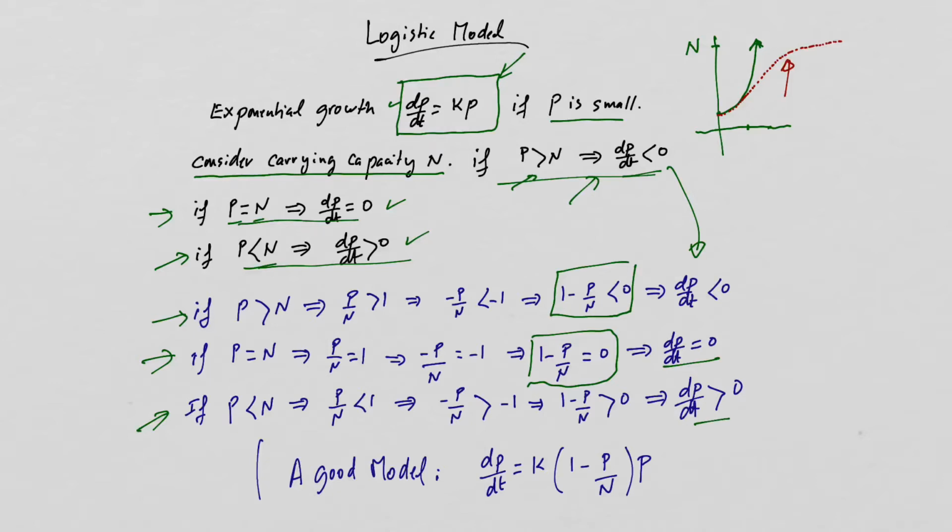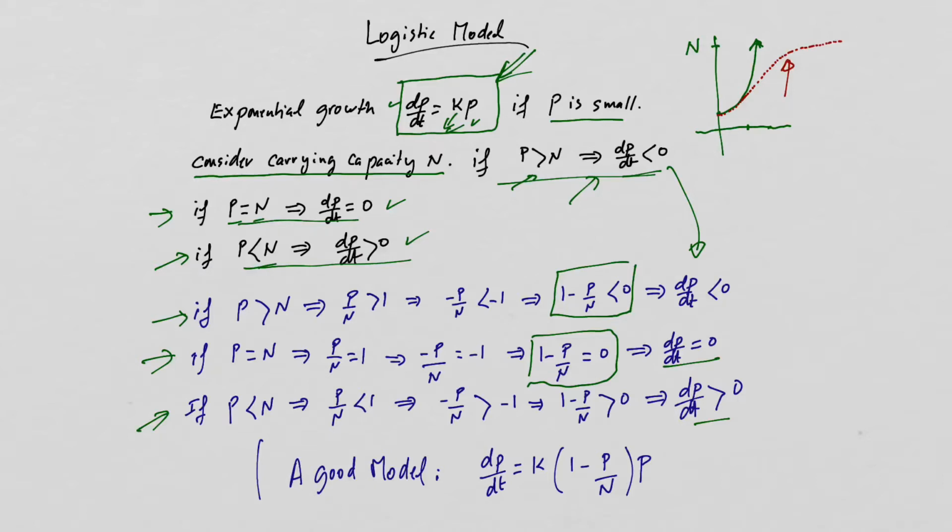The reason I'm saying this is because this differential equation doesn't take into account that dP/dt can be negative or positive. We know dP/dt is positive because the population is positive, and generally the coefficients, the rate of change, is positive.